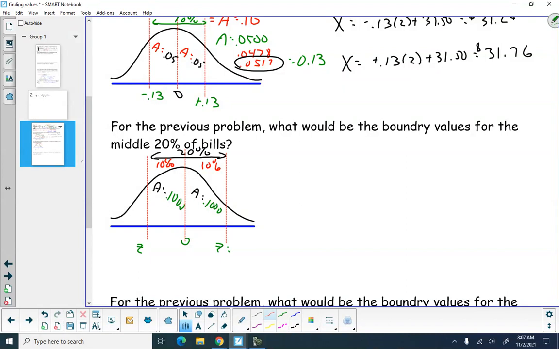What are your two Z values? And then calculate your values. Check your answer with somebody around you.